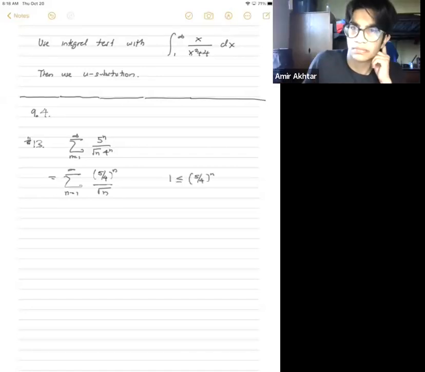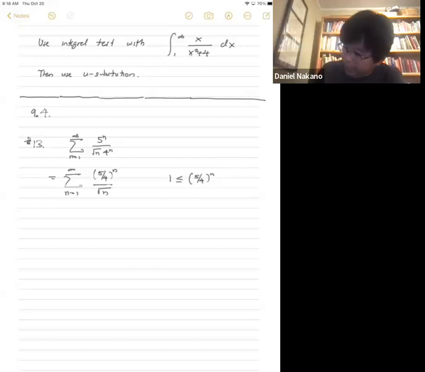So I can actually compare with the sum n equals 1 to infinity of 1 over the square root of n, and this certainly can be less than the sum n equals 1 to infinity of 5/4 to the n over the square root of n.